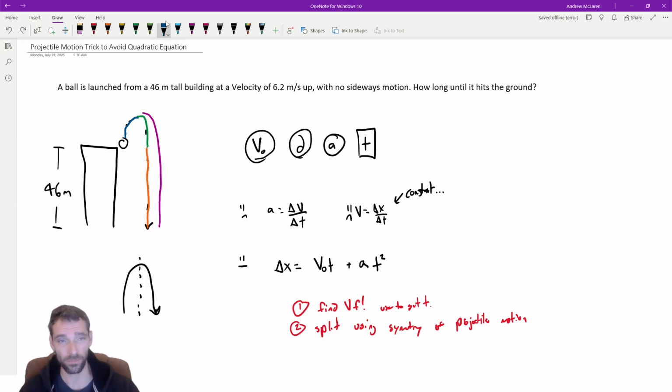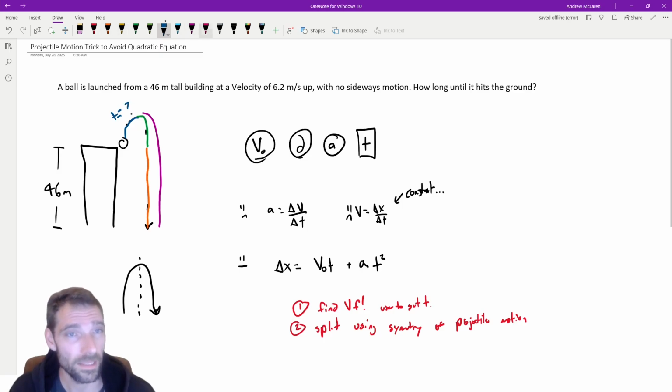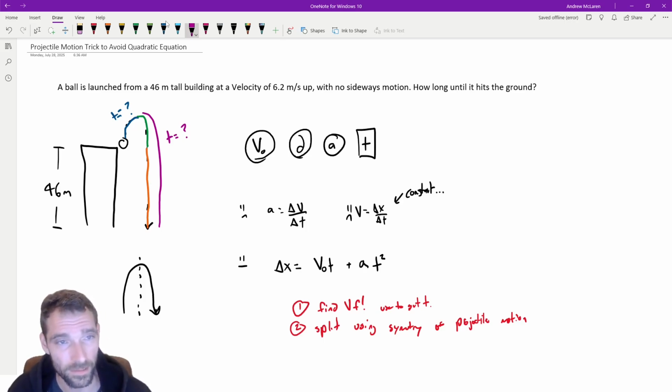Sometimes it's useful to break down the motion into all those segments. For this particular problem, we can avoid the quadratic by solving for the time that it takes to do this blue section, and then also solving for the time that it takes to do this purple section and adding those up. Now, this is going to be pretty easy if we try and focus on finding that v final.